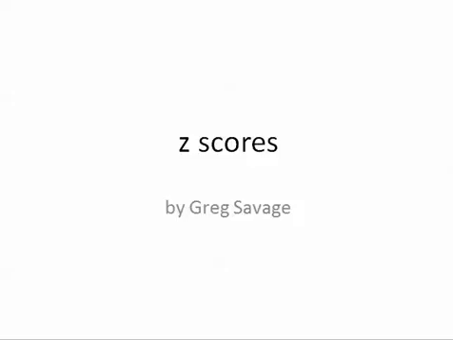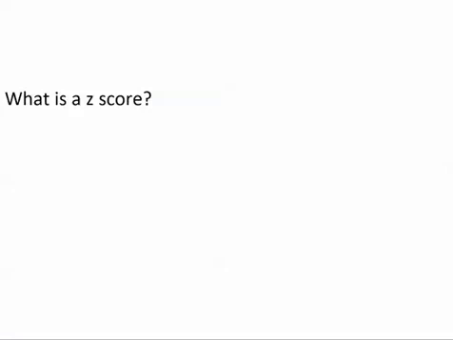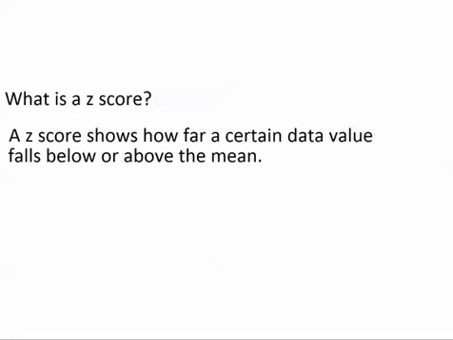Instead, a z-score shows the number of standard deviations that a certain data value falls below or above the mean. If one person has a larger z-score and another person has a smaller z-score, then we'll know that the person with a larger z-score is more extreme, even if the two people came from different populations.